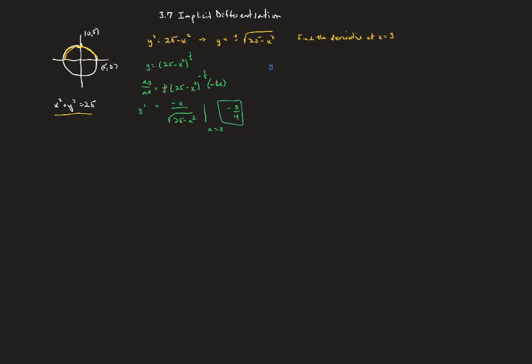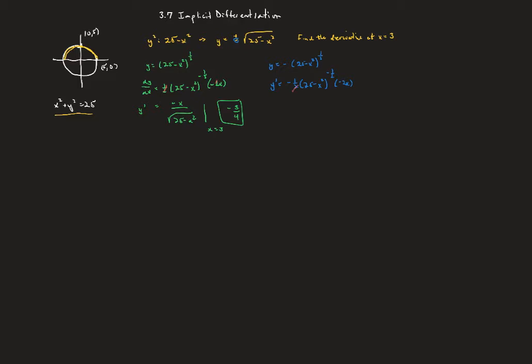Now I'm going to come back and do the other one, the negative square root of 25 minus x squared. In a similar fashion, I'm going to rewrite that as to the 1/2 power. Again, doing our chain rule, we bring the 1/2 down, subtract 1 from the exponent, and multiply by the derivative of the inside function.